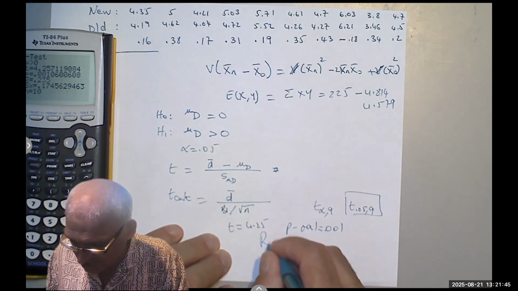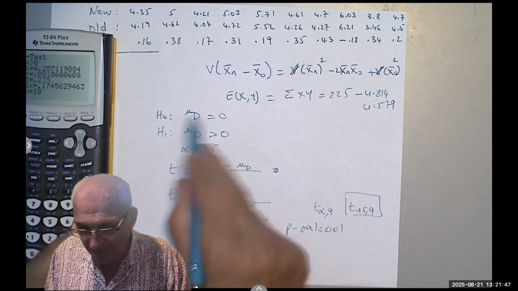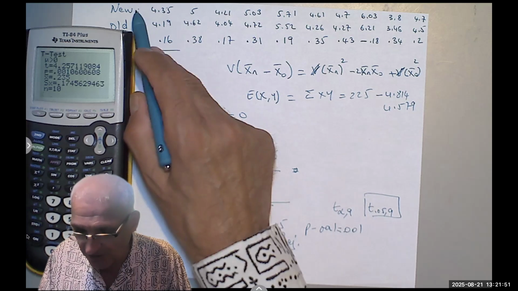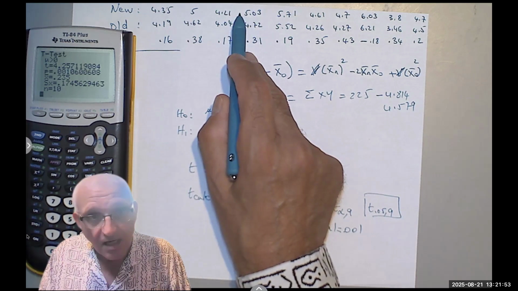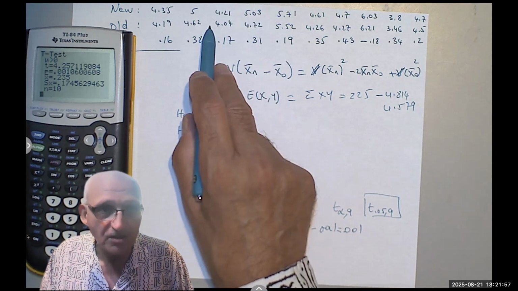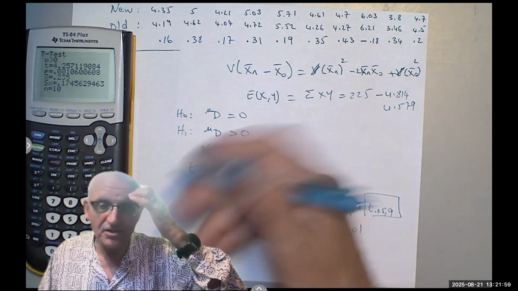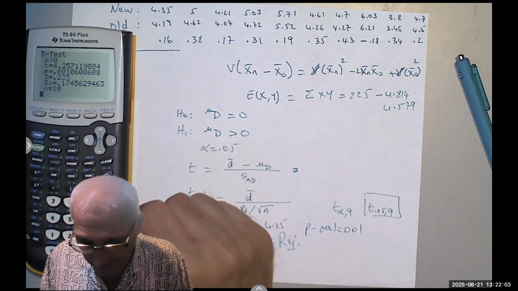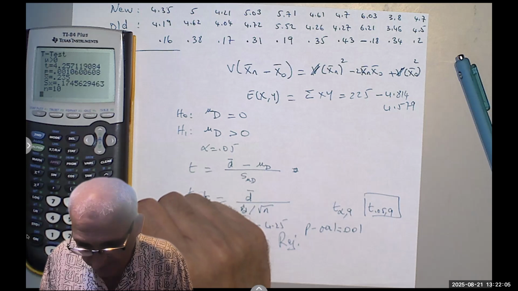So I will reject the null hypothesis that the difference is 0 and conclude that the new tires have better tread than the old model. So now I can use the new type of tires more confidently, right? And that's basically it.